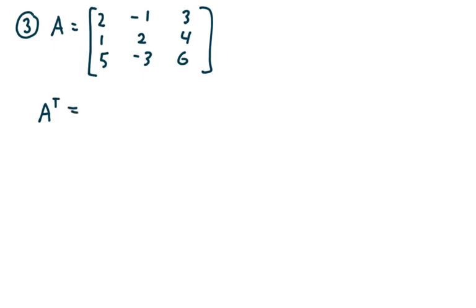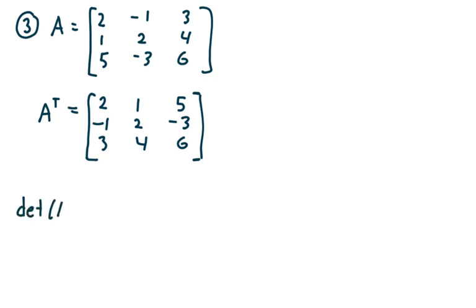A transpose is 2, 1, 5, -1, 2, -3, 3, 4, 6. Okay. So we've got to get the determinant of A and the determinant of A transpose.